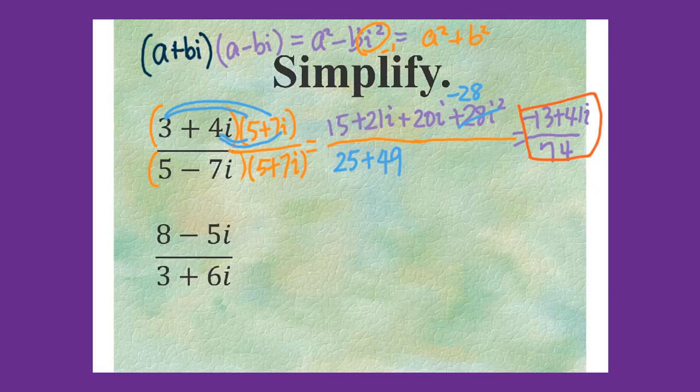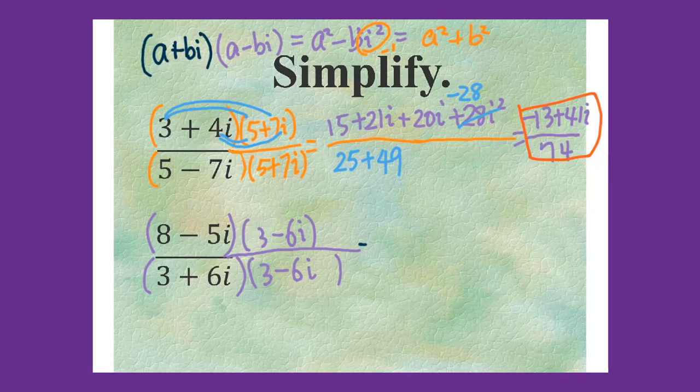One more example. We still need a conjugate multiply. That means 3 minus 6i. So we multiply by 3 minus 6i, top and bottom.